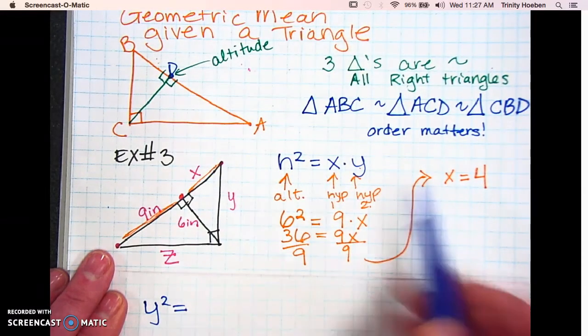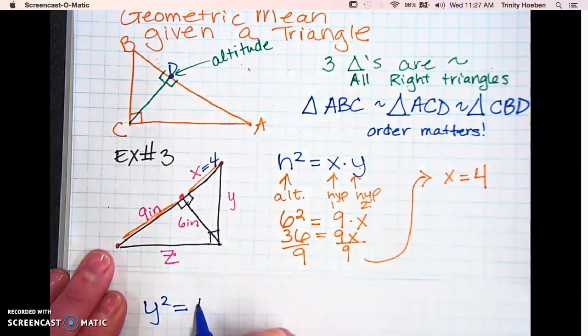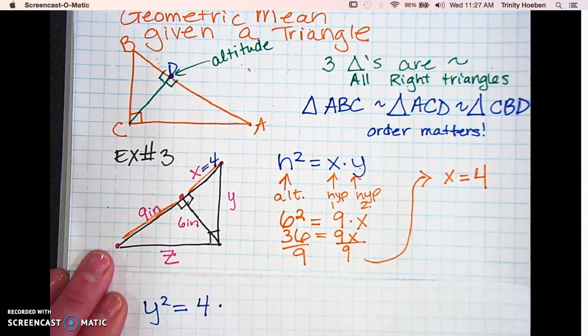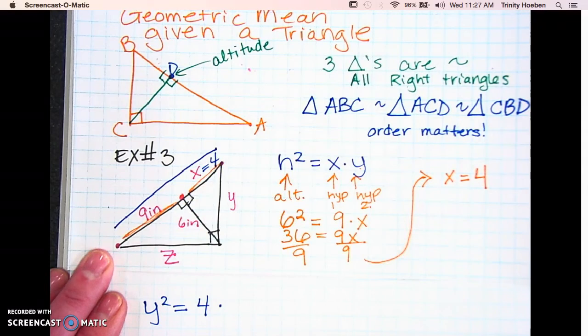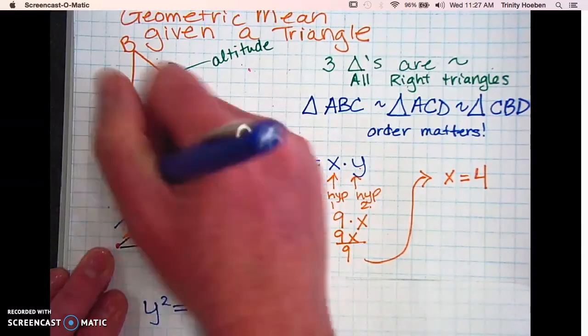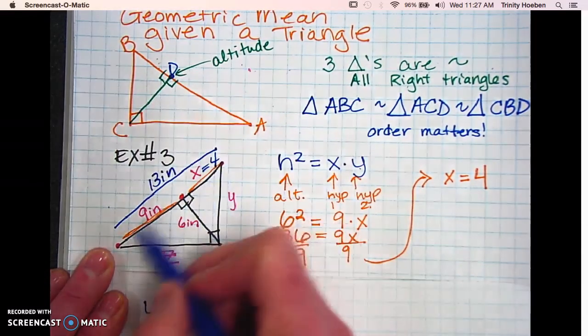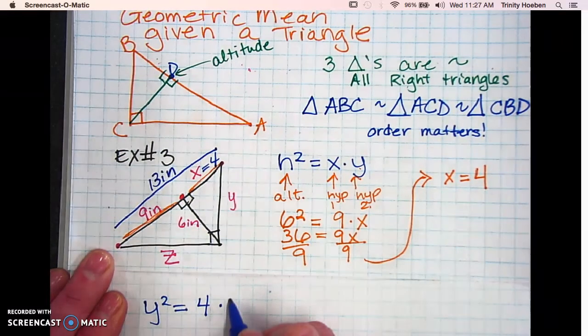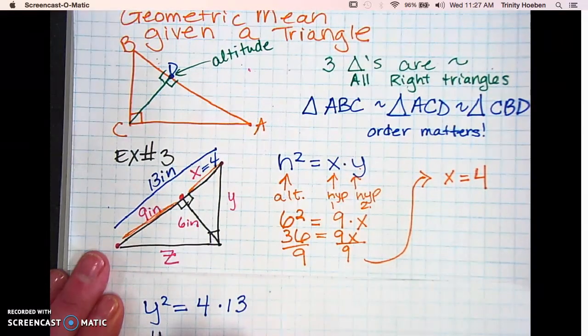It's 4. So that's the piece that's closest to it times the length of the whole thing. What's the length of this whole hypotenuse? 13 inches. Once you calculate both of those, you can add them together and get the length of the whole thing. So 4 times 13, punch that in your calculator, you're going to get y squared is equal to 52.